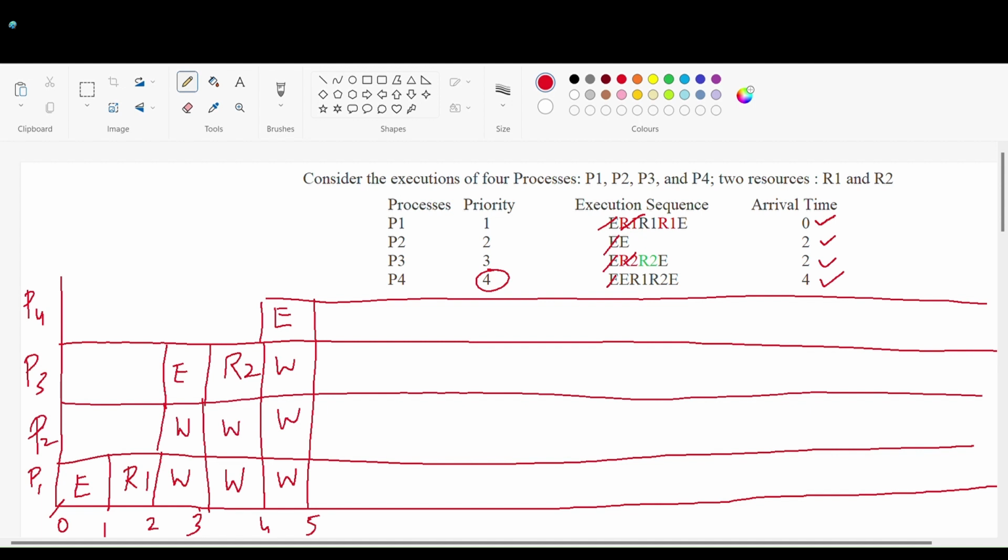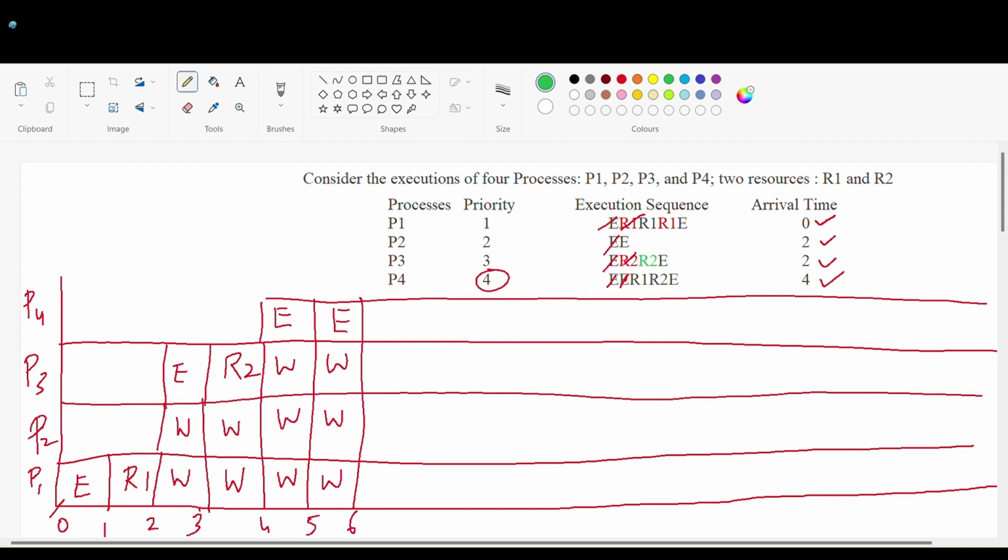At 5 no new process entered the system, so E will execute again and another process will go to the waiting state up to 6. Now P4 wants to execute R1.